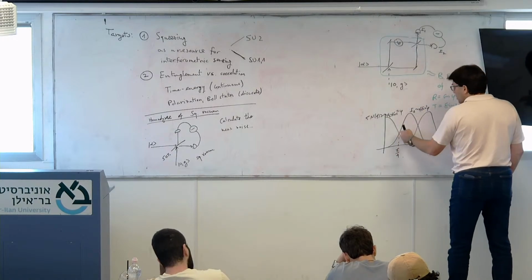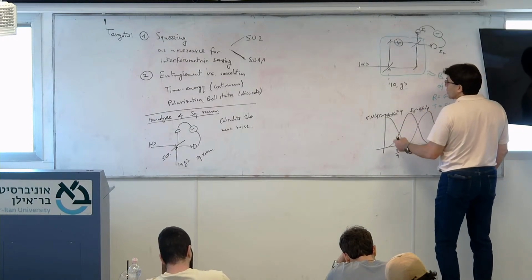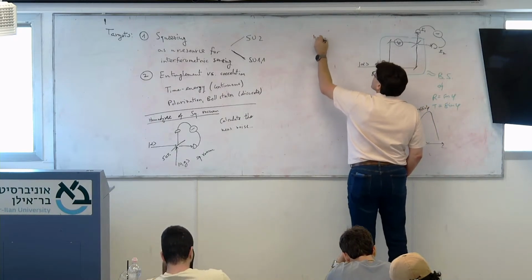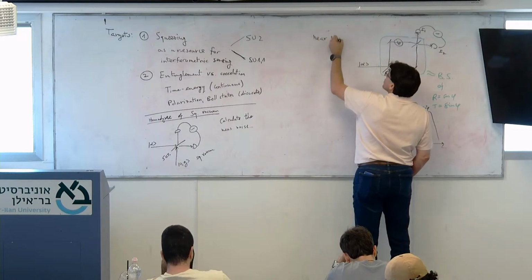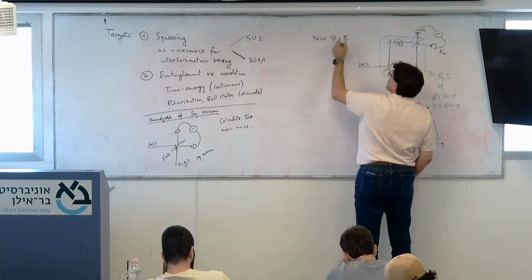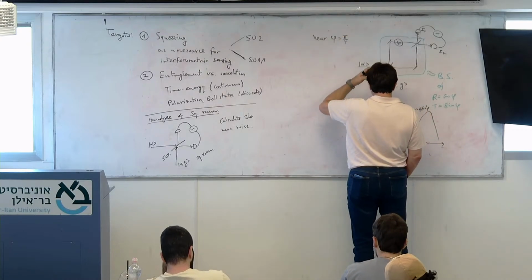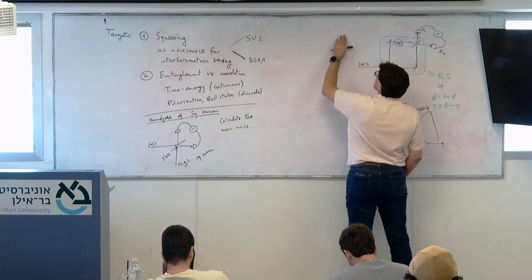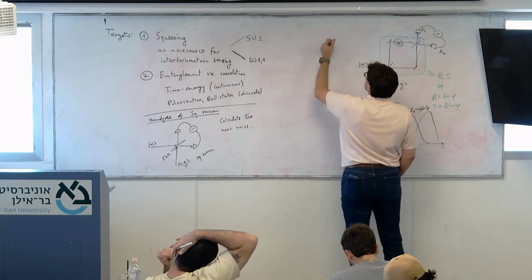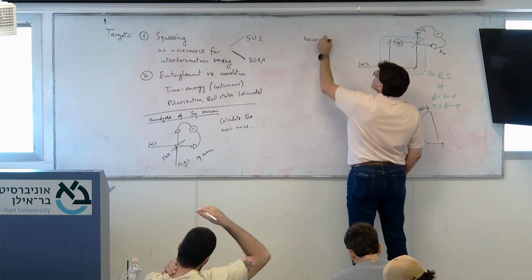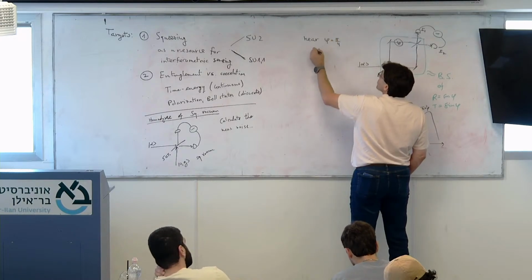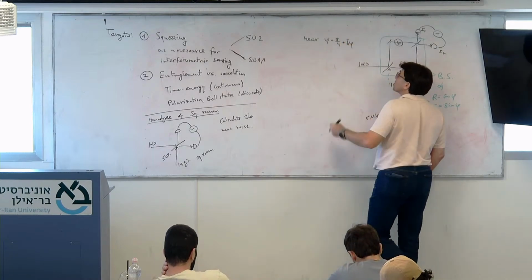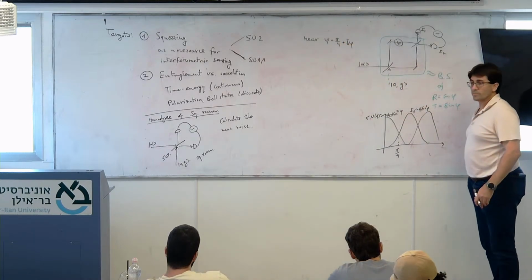And so here, near phi equals pi over 4, we think of phi equals pi over 4 plus delta phi. So this is a small change.